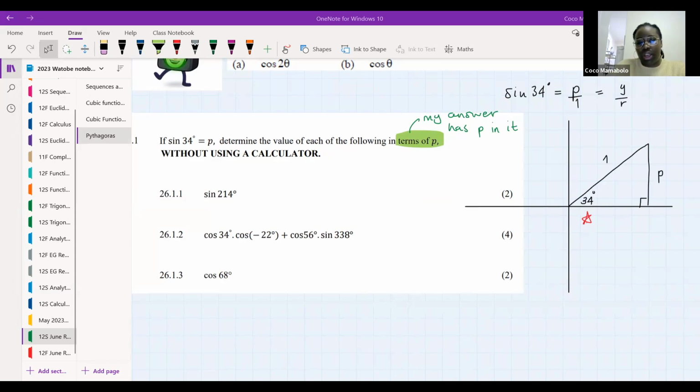Lerato, is that one of the answers, that 2 that you've given us there, or is that something different?